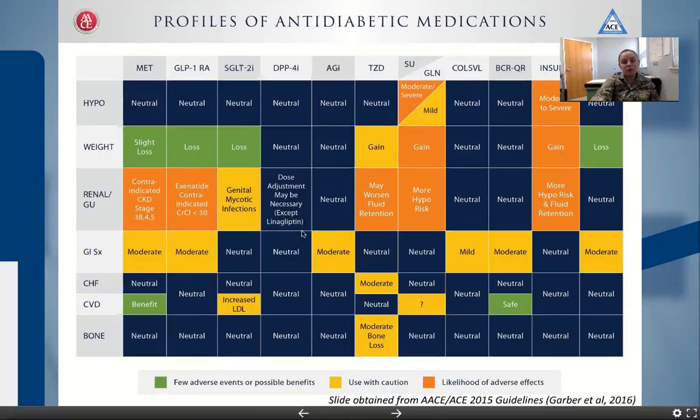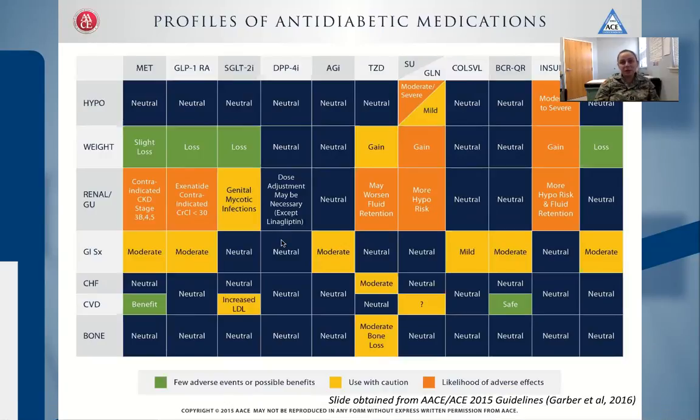Just note that the most commonly prescribed one, which is Januvia, does need to be dose tapered, which means that if their GFR is normal to 50, they can be on the highest dose of 100 milligrams. If their GFR is 30 to 50, however, they should be on 50 milligrams of Januvia.